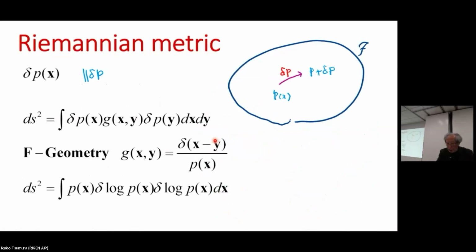So we can think about a Riemannian metric in the function space. In general, a Riemannian metric considers a small deviation of P of X, and its quadratic form gives a small Riemannian distance between the two. In the Fisher case, we use 1 over P of x, where delta is the deviation, and that implies the squared distance is the deviation of the logarithm of P, squared.